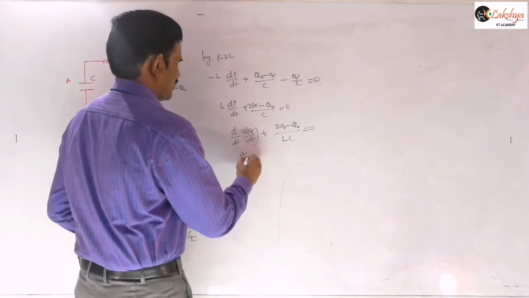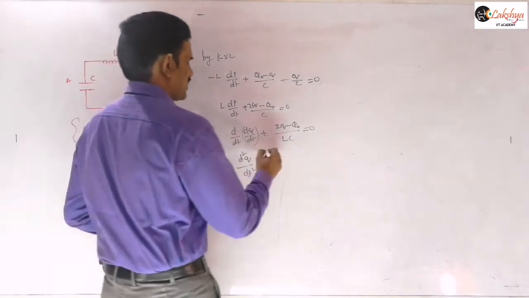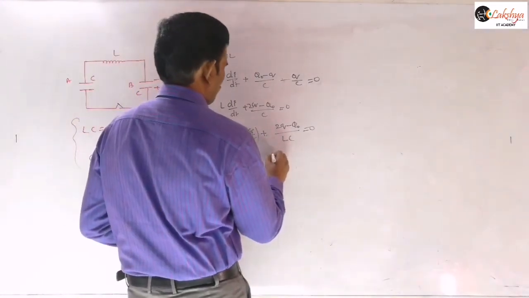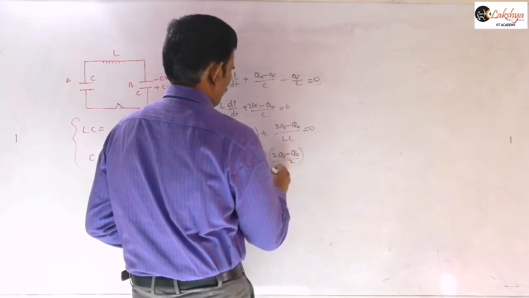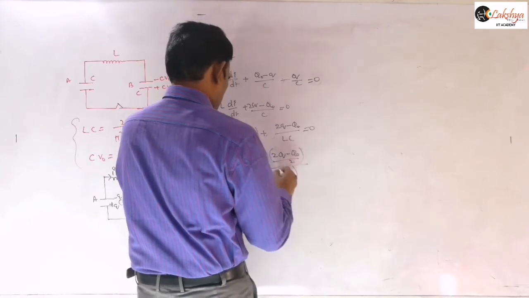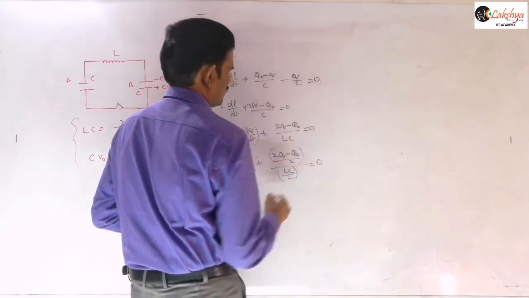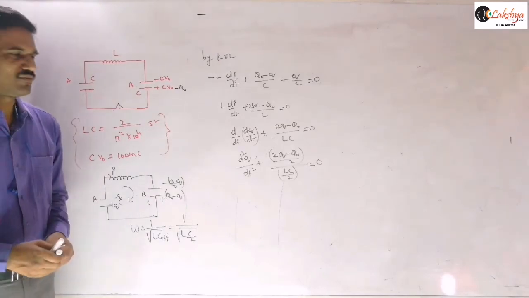So let us divide that value by the 2 there. And then d square q by dt square plus (2q minus q naught) by 2, by LC by 2, is equal to 0, right? Now we need to take that as omega square.